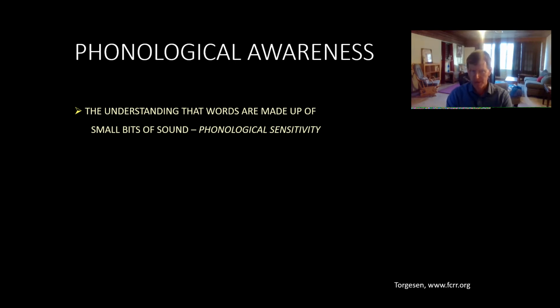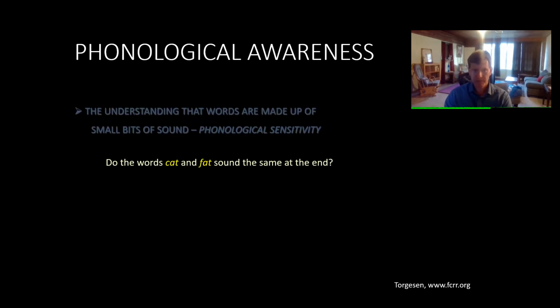Phonological awareness, as you recall, is the understanding that words are made up of small bits of sound. For instance, the ability to tell that cat and fat sound the same at the end, or the ability to answer the question, what is the first sound in the word man?